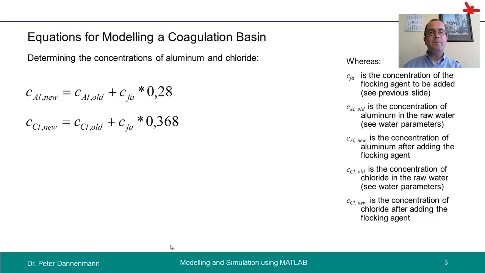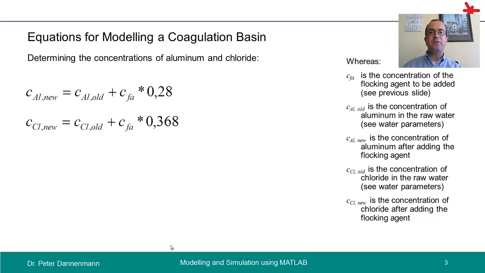In our model, we assume that we use polyaluminium chloride as a flocking agent. Thus, the use of this agent has an effect on the concentration of both aluminium and chloride in the water. In its molecular structure, the flocking agent has got 12 aluminium atoms.